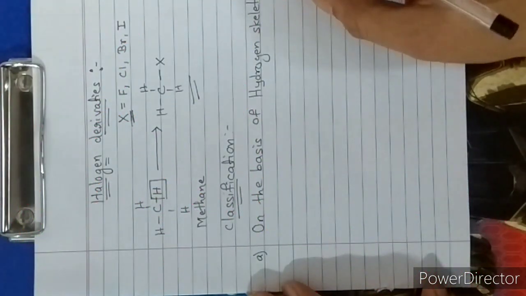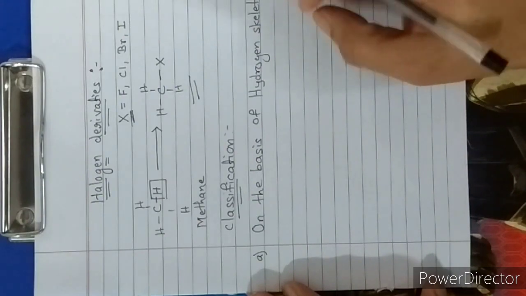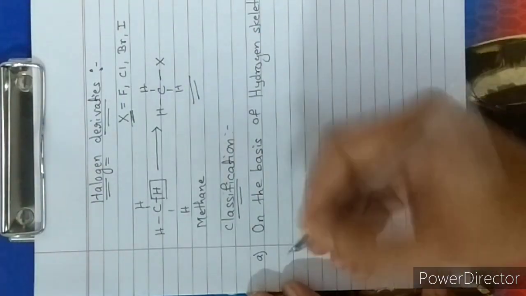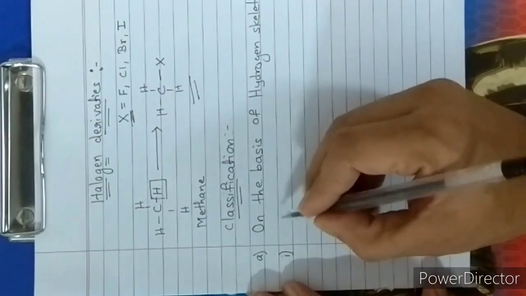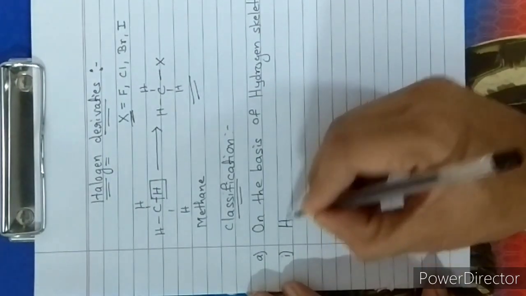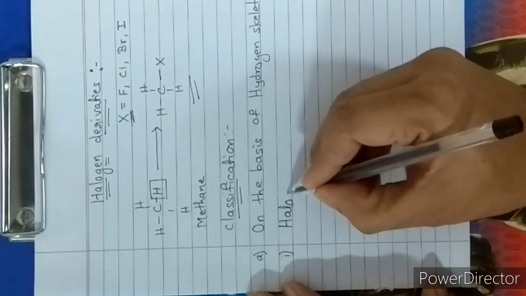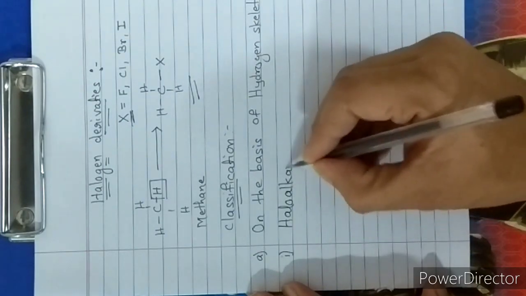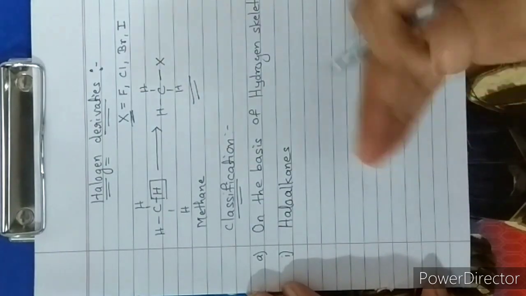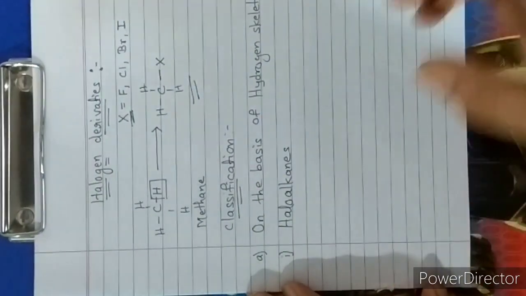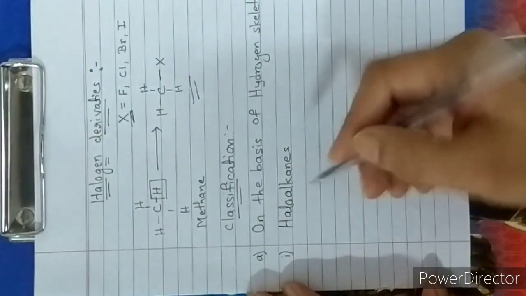Now, what is this hydrocarbon skeleton? Let's understand. For example, it can be classified as haloalkanes, and so on and so forth. We'll understand one by one.